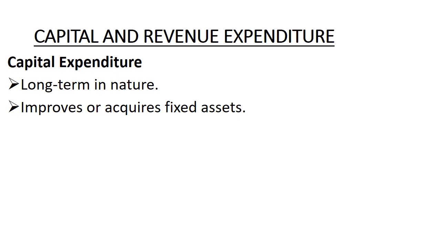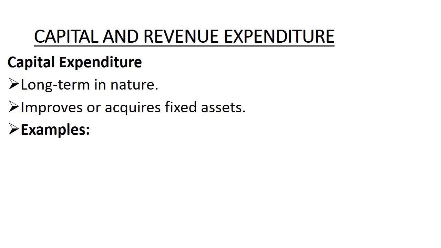Or just buying a fixed asset, that is capital expenditure. The job is to be able to tell if an expense is capital expenditure or revenue expenditure. So we have to understand all the features of capital expenditure and also all the features of revenue expenditure.